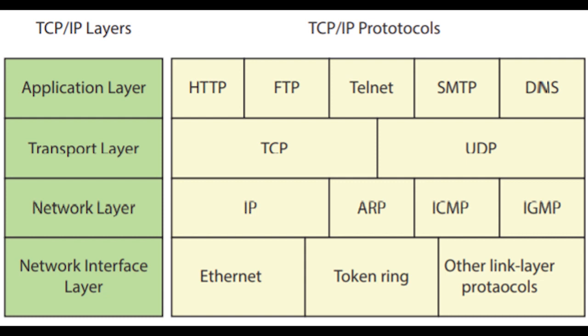And some other protocols in the network layer are IP, ARP, ICMP, IGMP. In the transport layer, TCP, UDP and others are there. And in the application layer, HTTP, FTP, Telnet, SMTP and DNS.